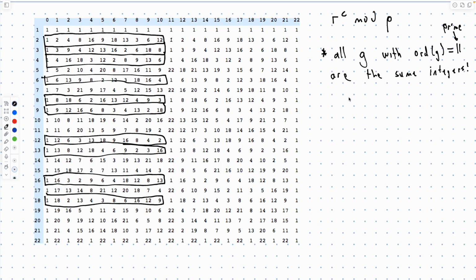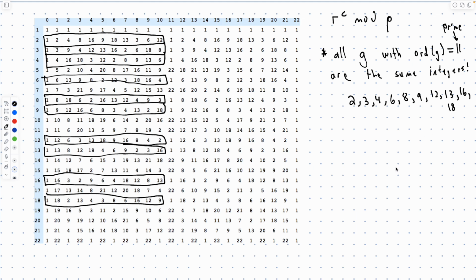What do I see? I see a 2, a 3, a 4, a 6, an 8, a 9, a 12, a 13, a 16, and an 18.